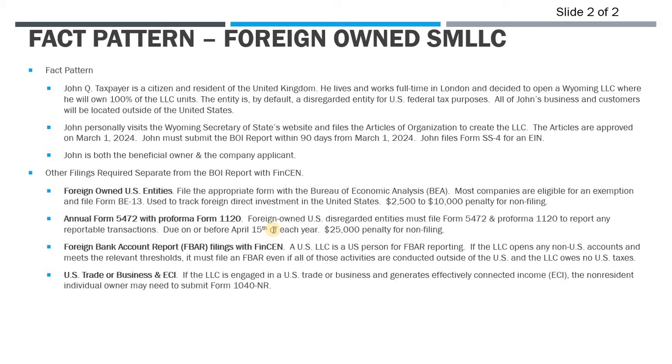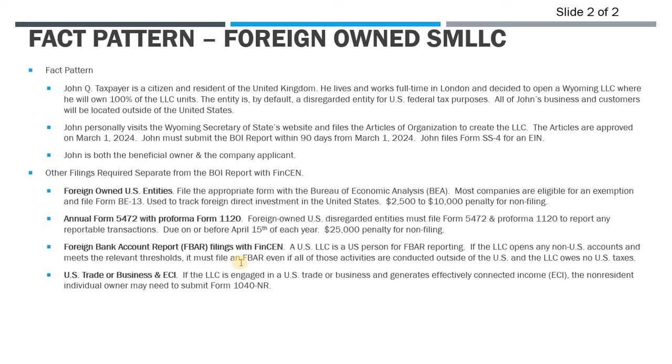It really depends on your specific circumstances, so you might have to do something different. The other element is the annual Form 5472 with a pro forma 1120. So for foreign-owned, disregarded entities, they have to file the 5472 each year to report those reportable transactions.